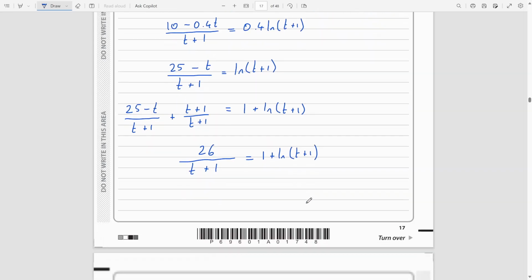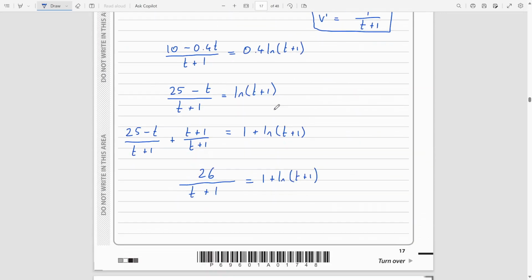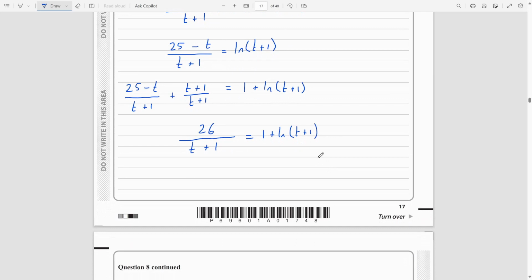Looking again up here, it should be 26 divided by 1 plus ln(t plus 1). So we can get that pretty easily by multiplying both sides by t plus 1 and dividing both sides by 1 plus ln(t plus 1). Essentially swap these two bits around. We get 26 over (1 plus ln(t plus 1)), and that equals t plus 1.